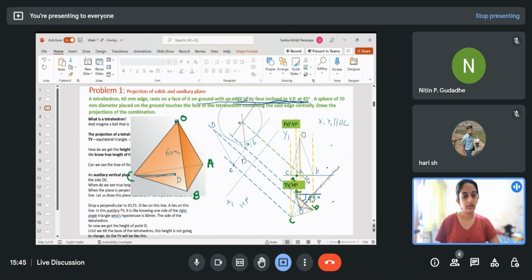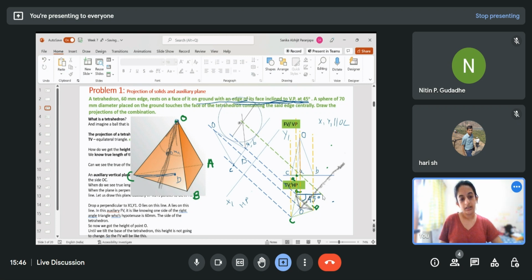So wherever this intersects this line, because they have said that the circle touches the plane centrally, it is at the center of this plane. So if you draw a line like this which bisects this angle, then the circle touches somewhere on this line.